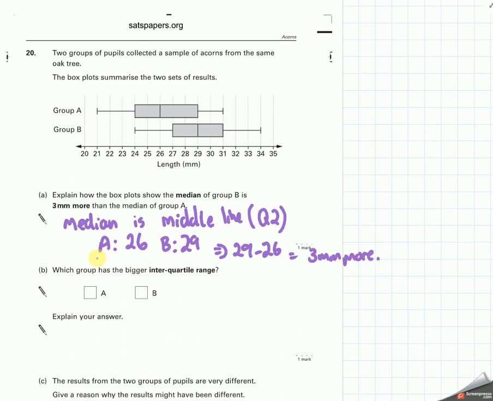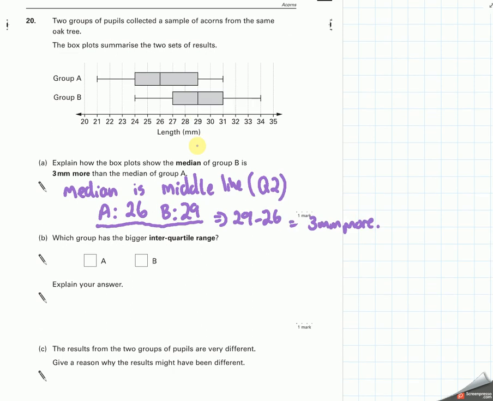You must show those two readings, preferably saying A and B, and preferably stating the middle is the median. You would probably get away with saying 29 minus 26. It's clear which numbers you are using. Although, no, be careful, because this one is also at 29. Be clear that you're talking about the middle line of B, because this has nothing to do with B.